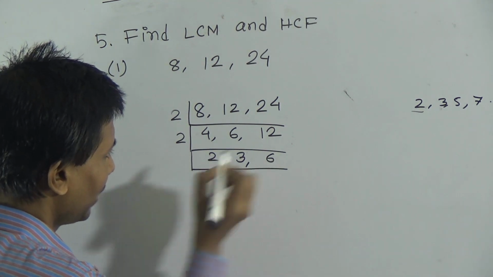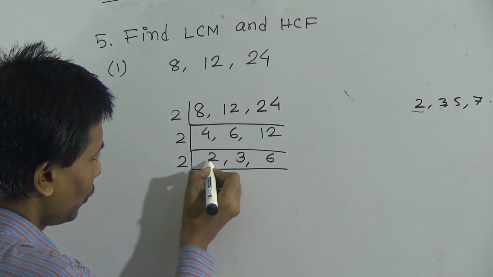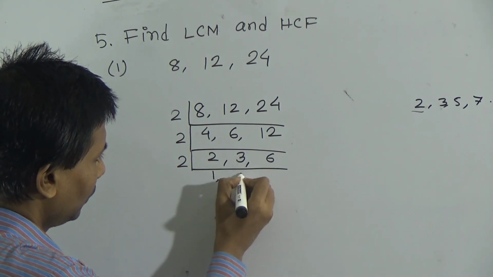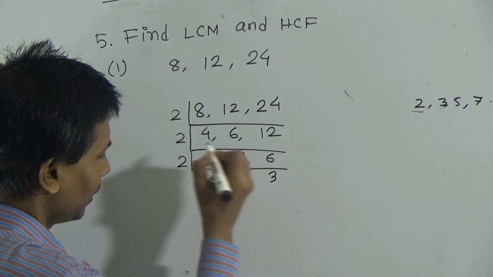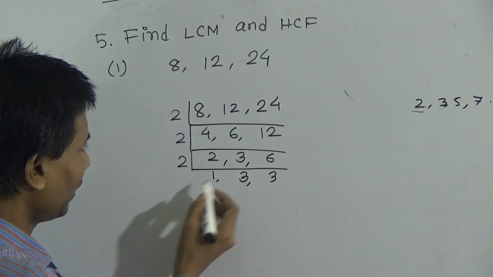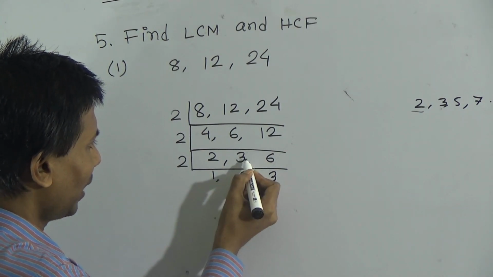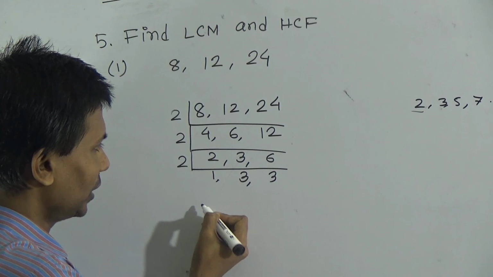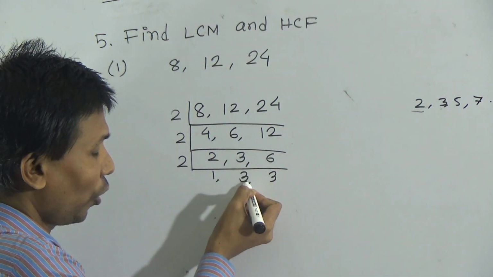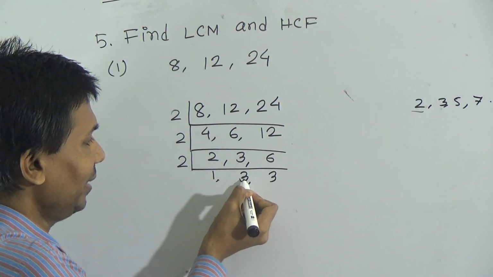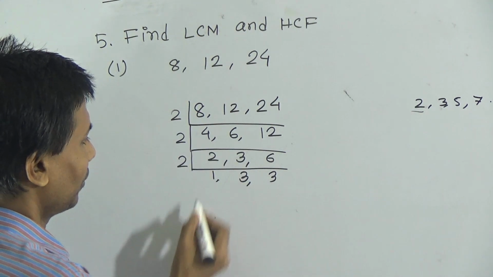Divide 2 by 2 and you get 1, but you cannot divide 3 by 2. It is not divisible, so it remains the same. You divide 6 by 2 and get 3.